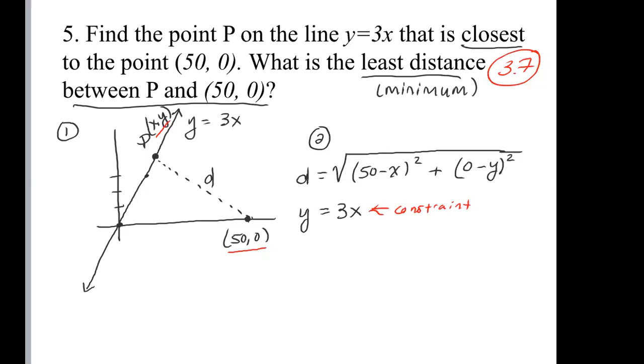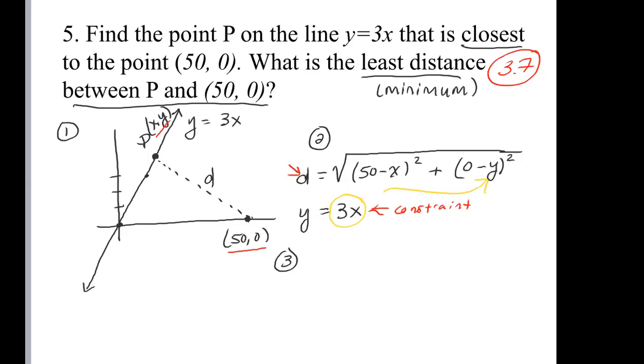So I have two equations, one with the thing I want to minimize and one that is a constraint. Now that I have those, I'm going to rewrite that first equation as a function of only one variable by taking this value for y, 3x, and substituting it for y into this equation.